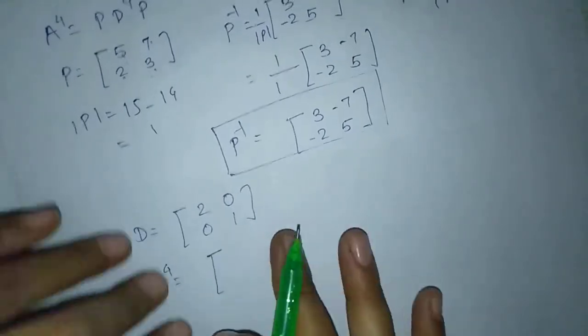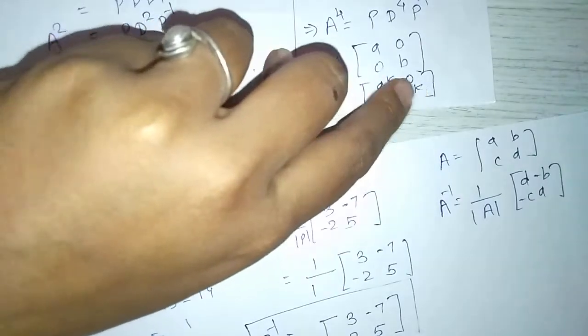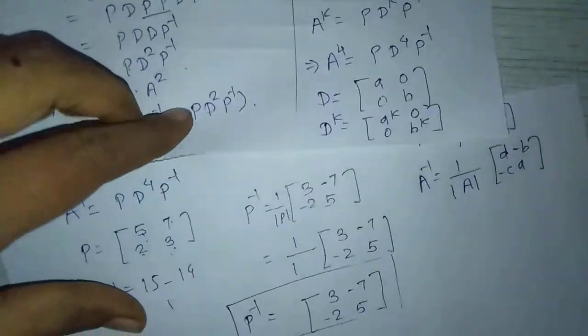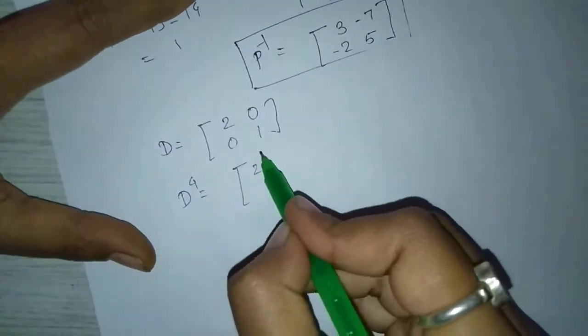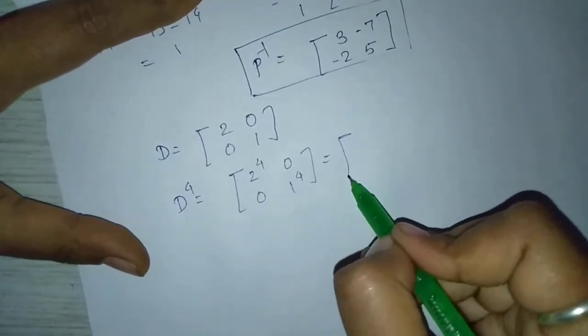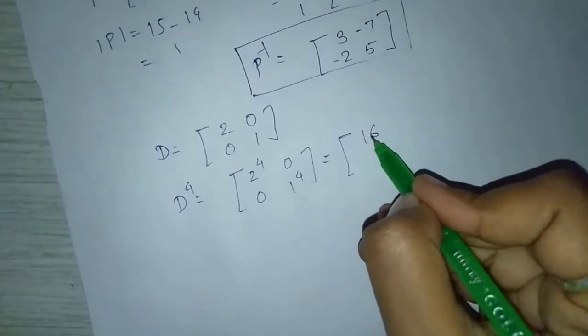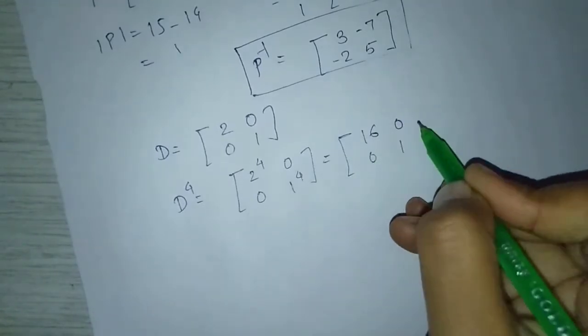So D raised to 4 is, by this result, D raised to k equals a raised to k 0 0 b raised to k. So D raised to 4 is 2 raised to 4 0 0 1 raised to 4, which equals 16 0 0 1, since 2 raised to 4 is 16 and 1 raised to 4 is 1.